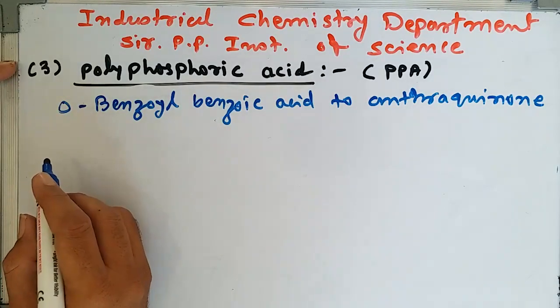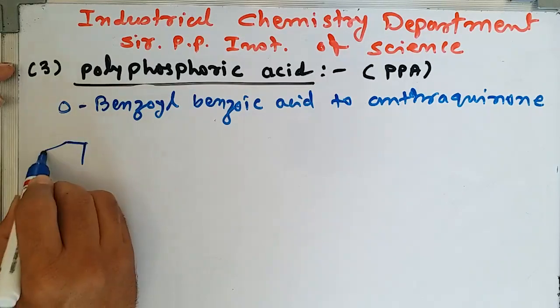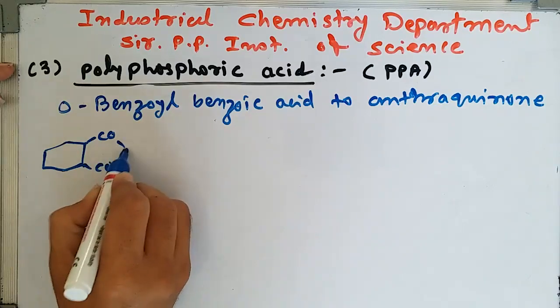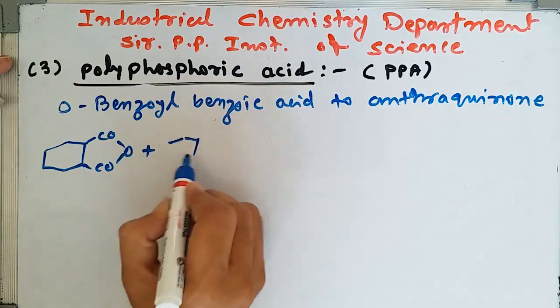Ortho-benzoyl benzoic acid is produced from phthalic anhydride with the help of benzene.